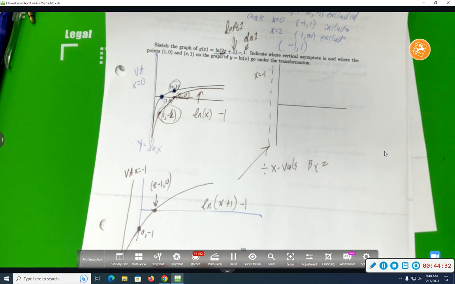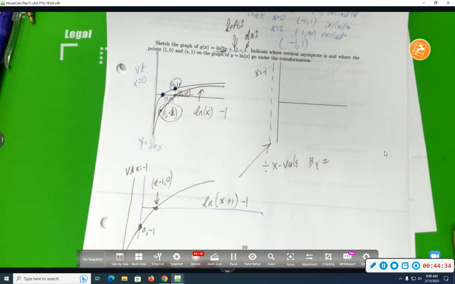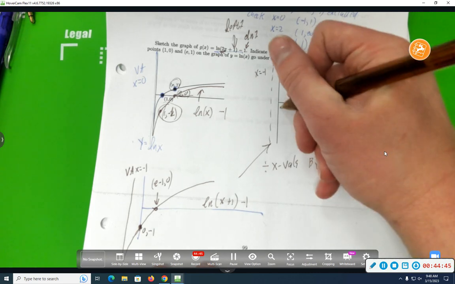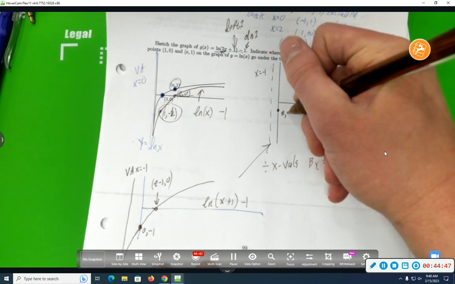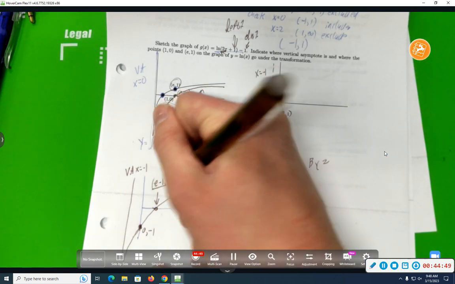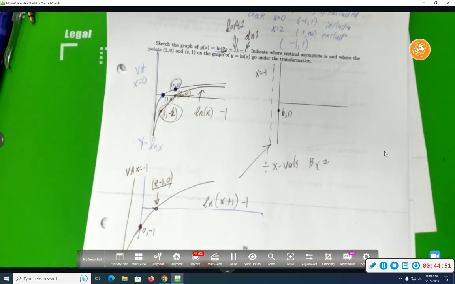This point at 0 comma negative 1, where will it go? What's 0 divided by 2? 0. Does the y value change when you do this? No. Nope. Where will this point, e minus 1 comma 0, go?